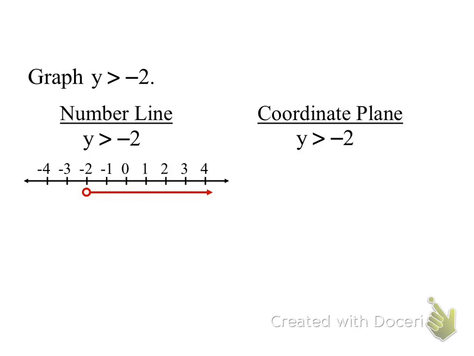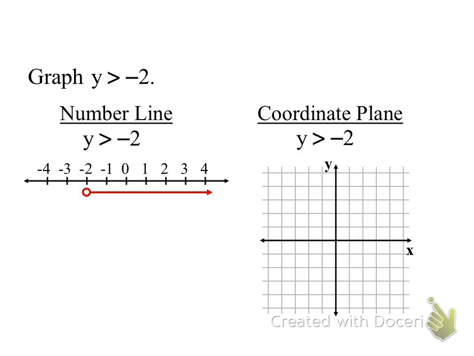Okay. How do I graph y is greater than -2? Okay, Sarkis? You graph the t-chart again. And this time instead of putting x's, you can put x as anything and look for y. So I set my t-chart, x, y.